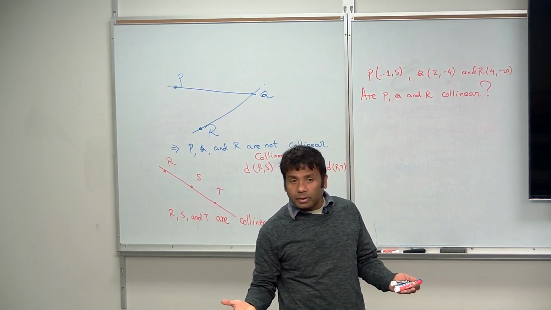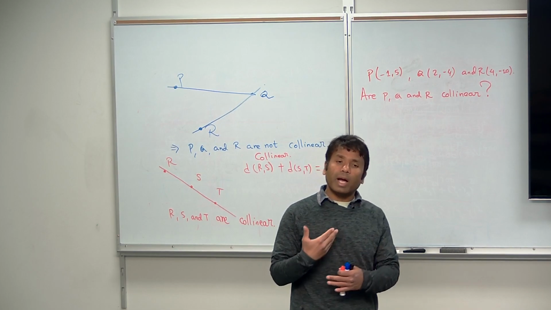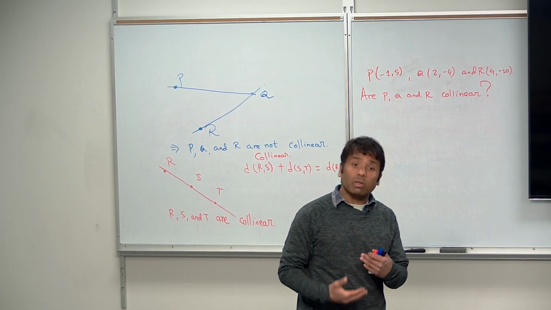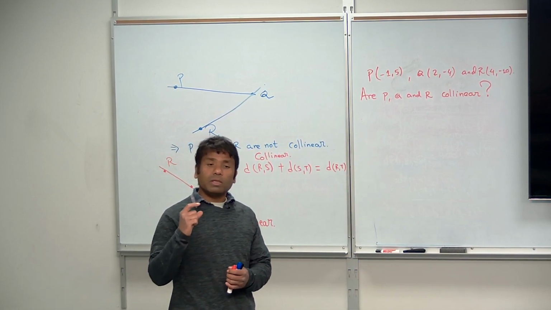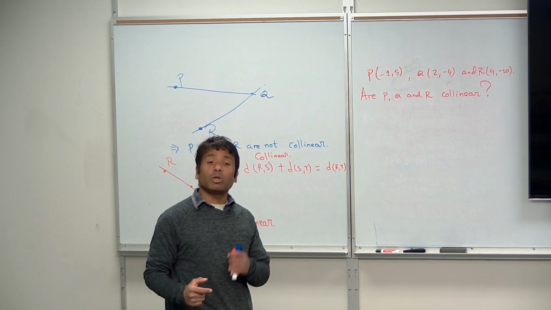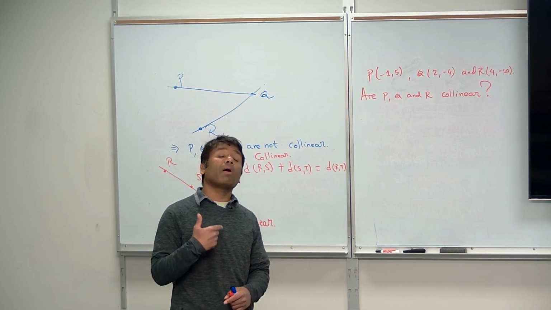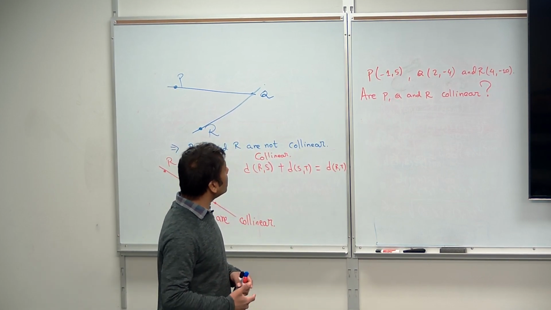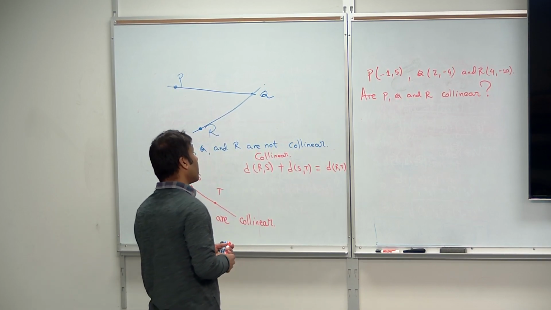It's simple. You find the distance between P and Q, the distance between P and R, and the distance between Q and R, right? If the sum of the distances between 2 pairs of points is equal to the distance of the remaining pair of points, then you can say they are collinear.